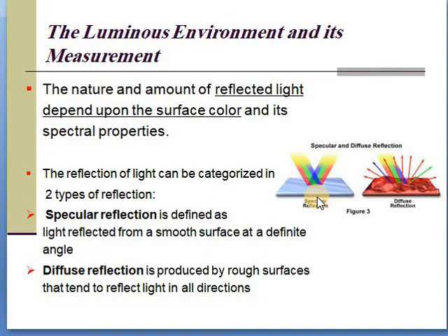So this is a sort of specular reflection. So it depends on the smoothness of the surface that is reflecting, and this is what's called the spectral properties. While the diffuse reflection is produced by rough surfaces, they tend to reflect light in all directions.